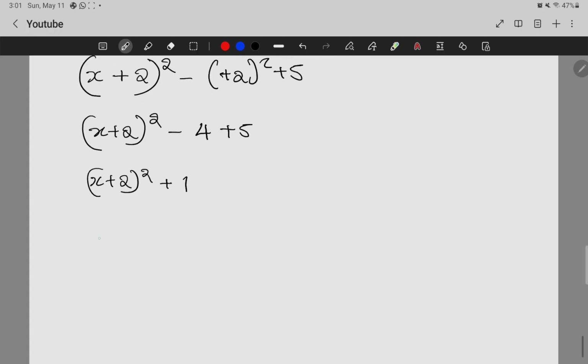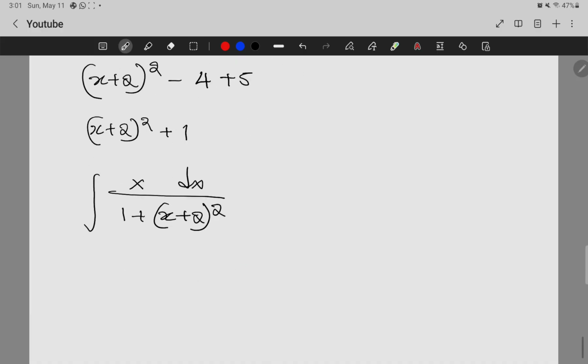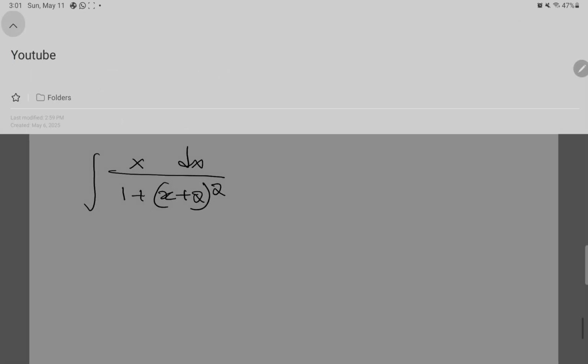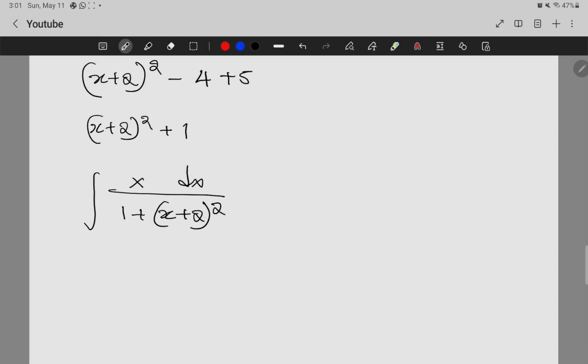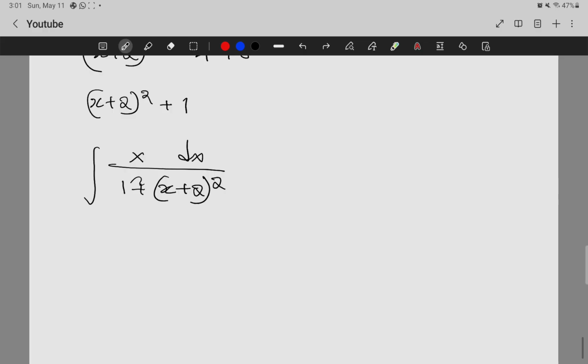So this is what our expression has reduced to, so that we have x dx over 1 plus x plus 2 squared. In this case where you're dealing with both the variable squared term and the constant term being positive, the best you can use is a tan substitution.